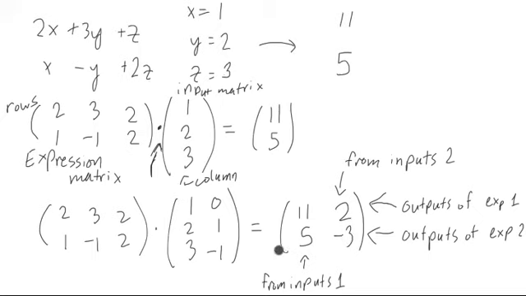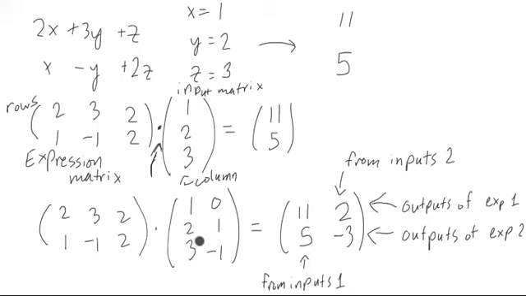Notice the way we arrange the outputs of this plug-in operation. The rows represent which expression we were plugging into. So everything in the first row represents the outputs that come from expression 1. Everything in the second row represents outputs that come from expression 2. Everything in the first column represents what we were plugging in from the first column of the input matrix.